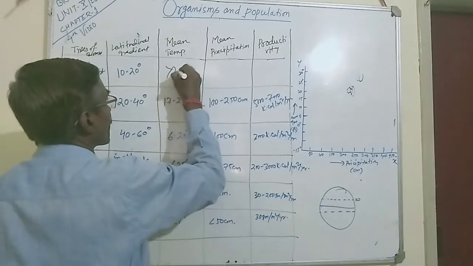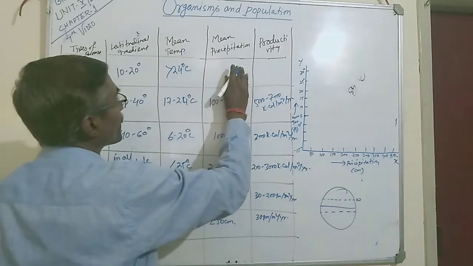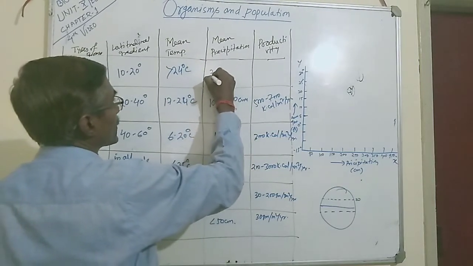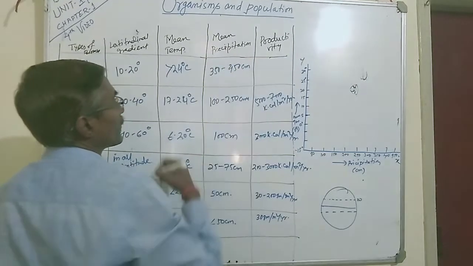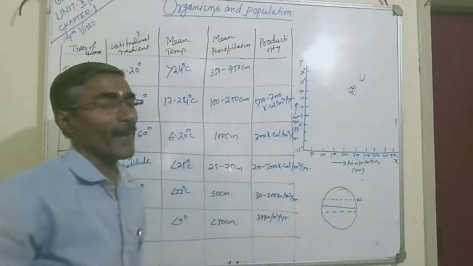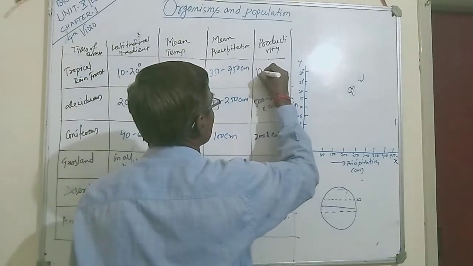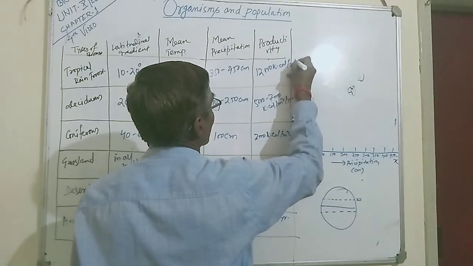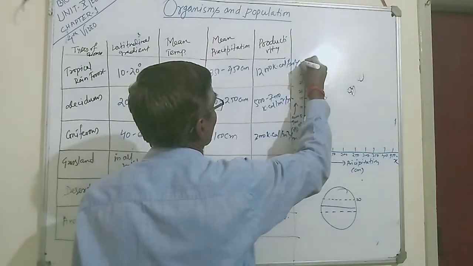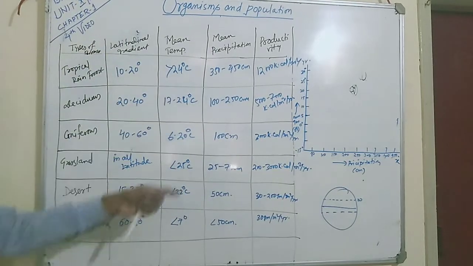Rainfall is also maximum here, 350 to 450 centimeter per year. Productivity is maximum, 12,000 kilocalorie per meter square per year. This is the whole scenery of the biomes.